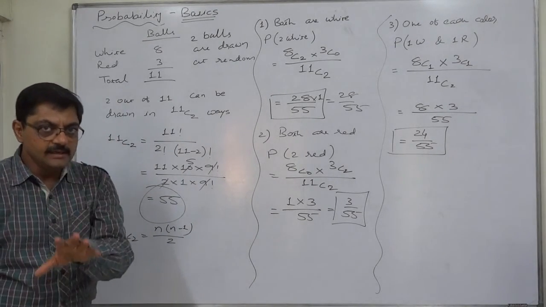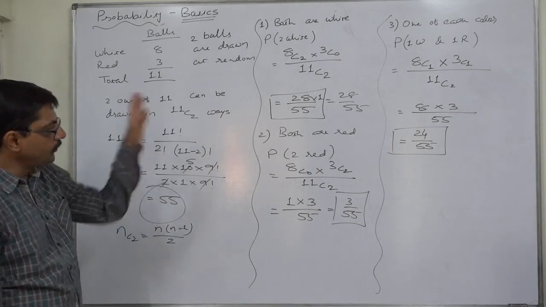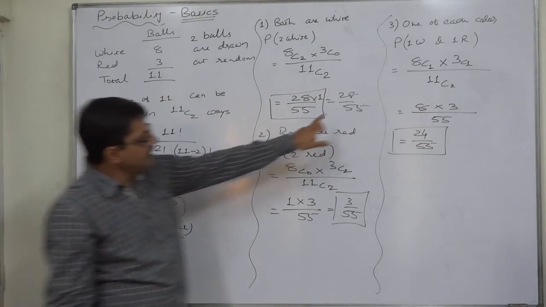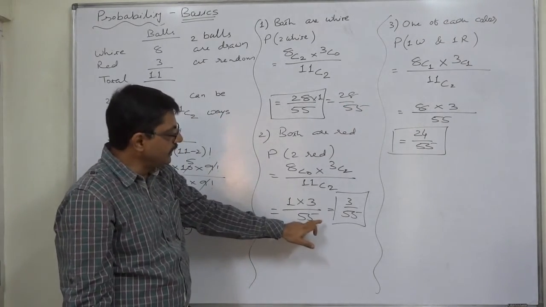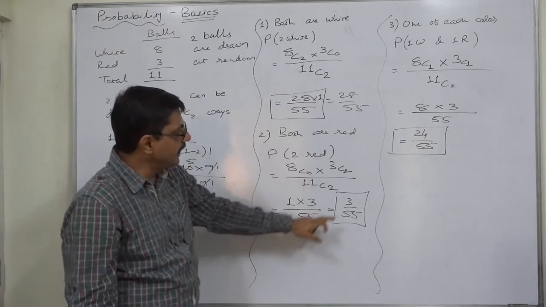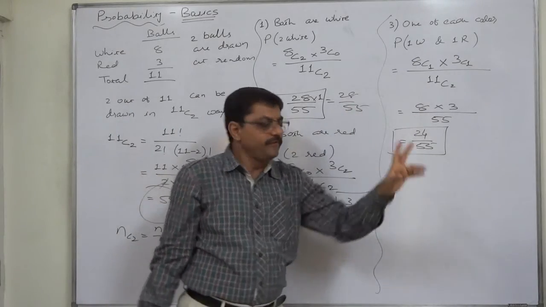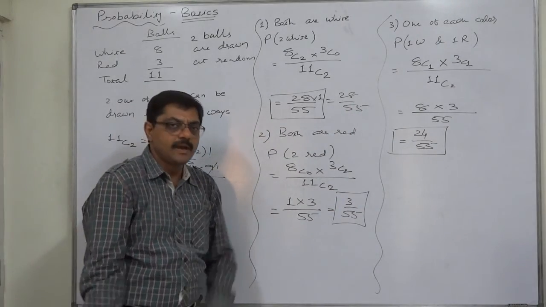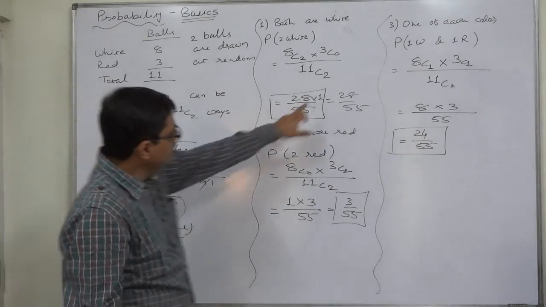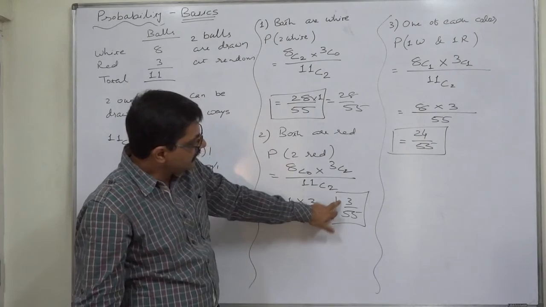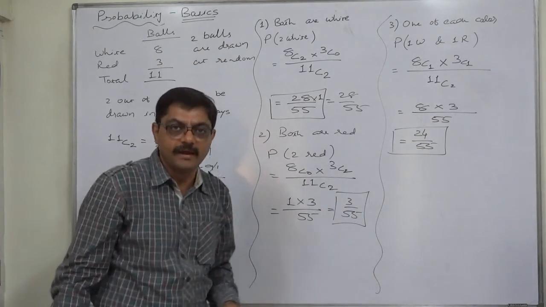Now the interesting thing in the whole problem is probability of first case, 2 white, 28 by 55, probability of 2 red, 3 by 55, and probability of one of each color comes to 24 by 55. Let us add this. There will be an interesting conclusion. 28 plus 3, 31 plus 24, 55.